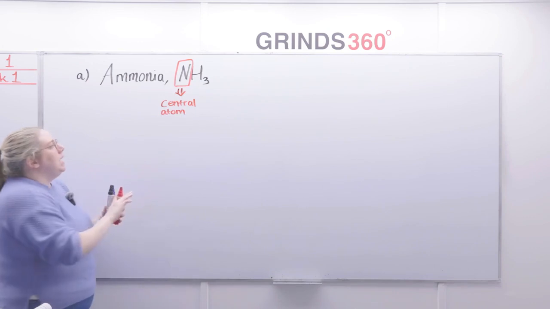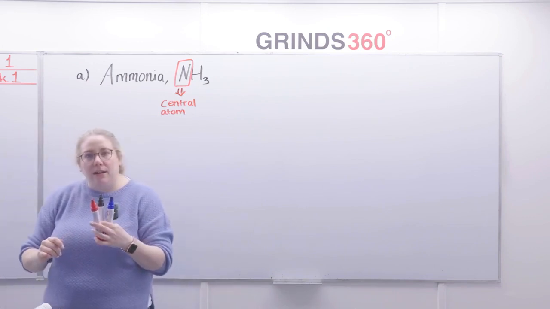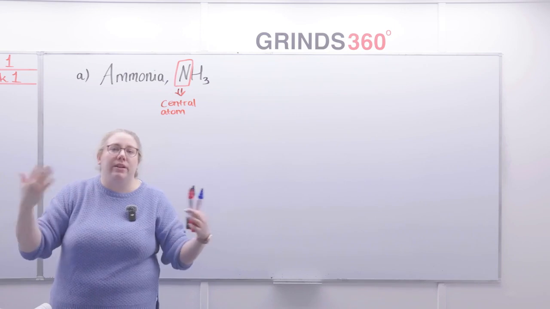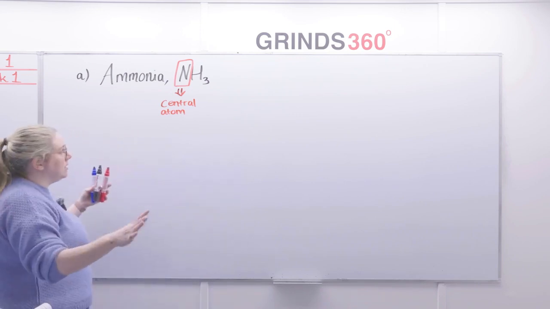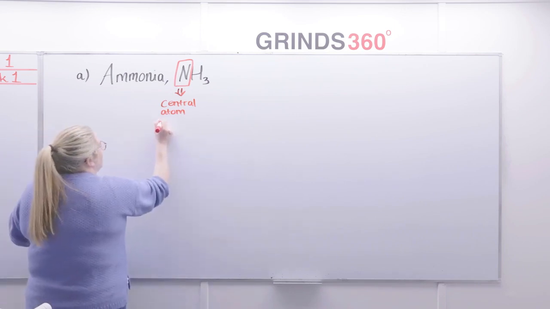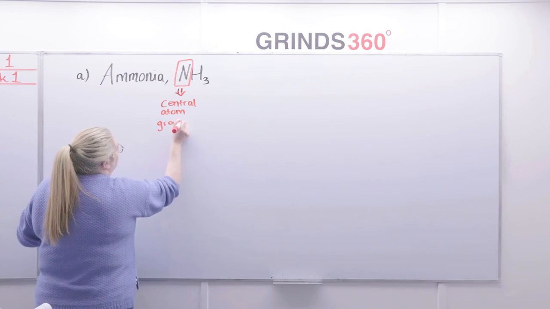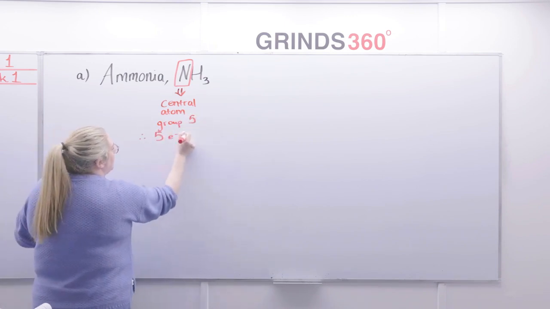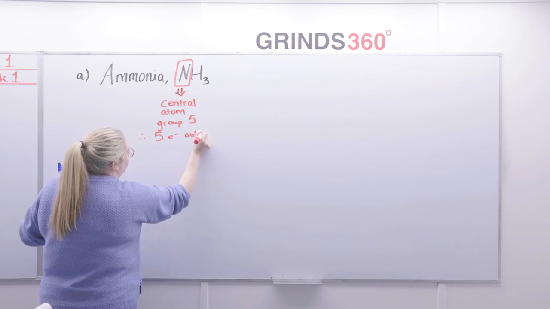Okay. Now we find nitrogen in our periodic table. It's in group 5. Now I don't expect you to remember that. I just remember because I've taught this for donkey's years. So nitrogen is in group 5. Therefore, it will have 5 electrons in the outer energy level.